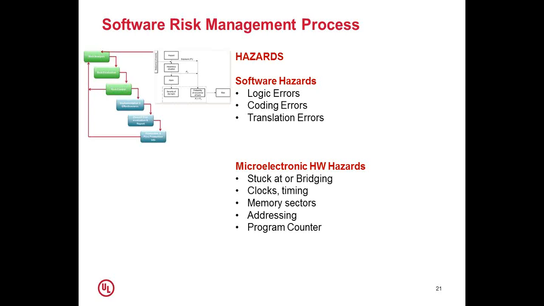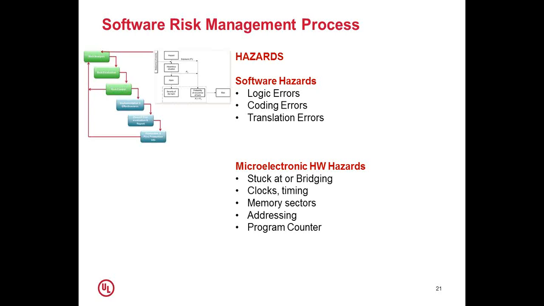In the microelectronic hardware hazards, as we discussed, a stuck-at or a bridging can happen, clocks or timings can stop working, memory sectors can go bad, addressing can be wrong, and the program counter may not work properly. Some of these microcontroller hardware hazards could arise at the manufacturing of the chip itself, that is, a bridging or a stuck-at can happen during the dicing and the molding process of the microprocessor.